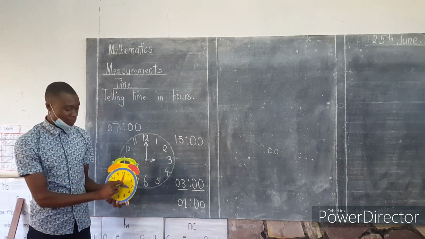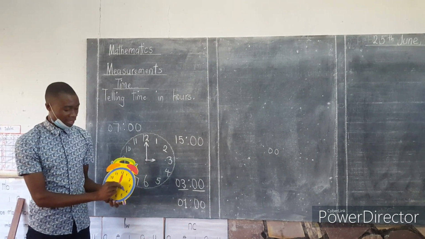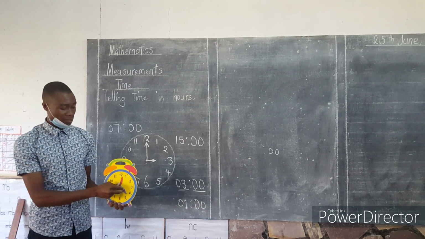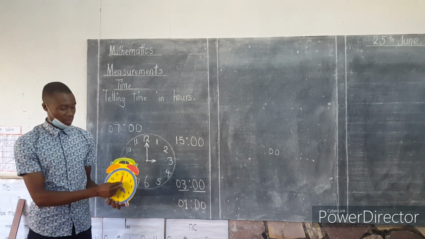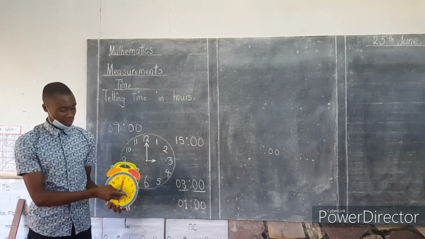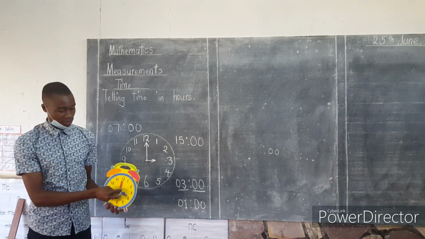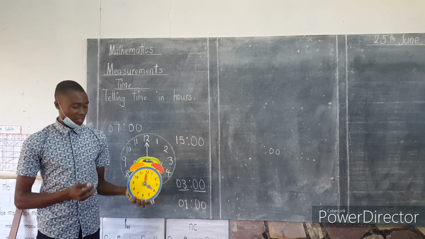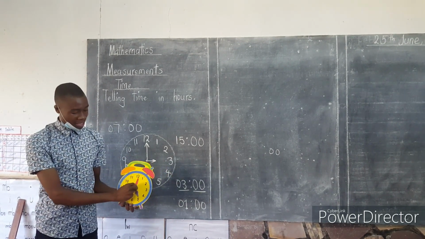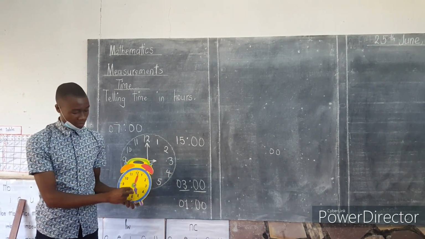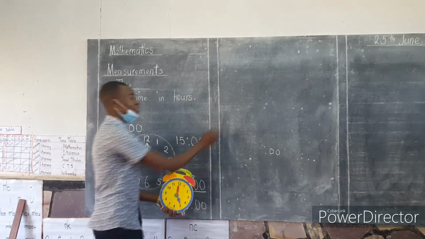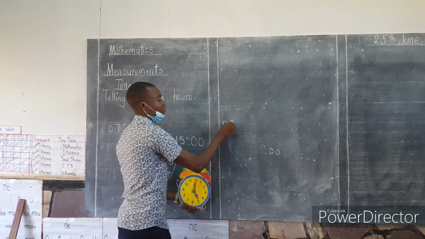If the short hand is pointing at 4, then it becomes 04 hours. If the short hand is pointing at 5, then it becomes 05 hours.